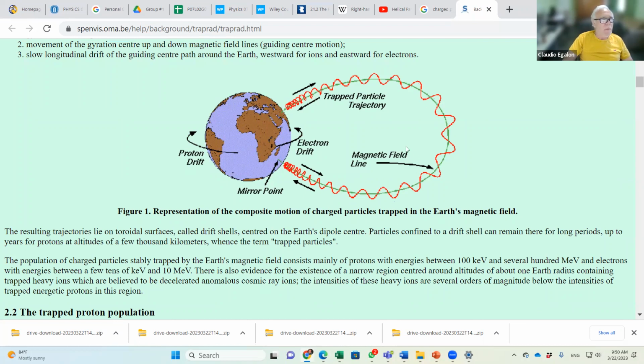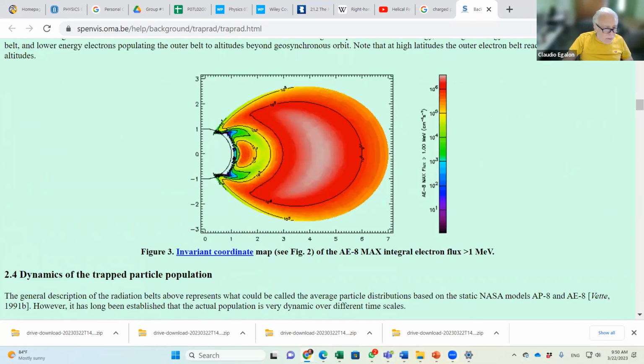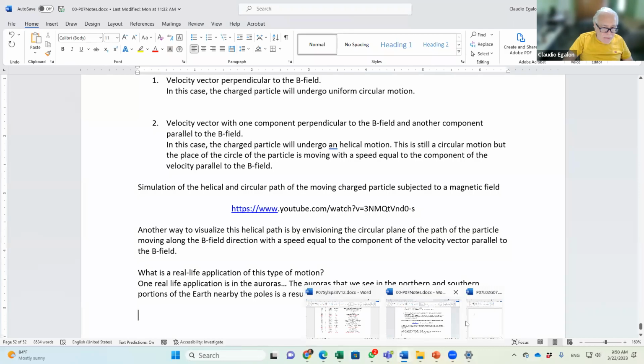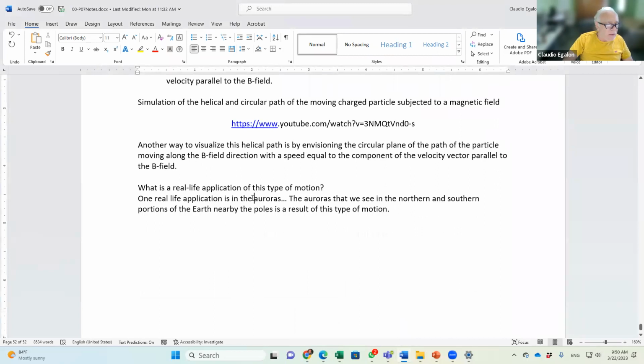So one real life application is the northern and southern lights, or auroras, which we see in the northern and southern portions of the Earth nearby the poles as a result of this type of motion of charged particles.